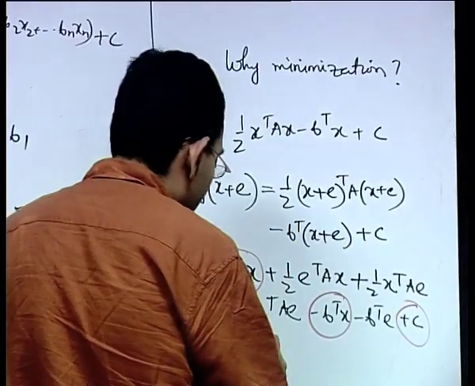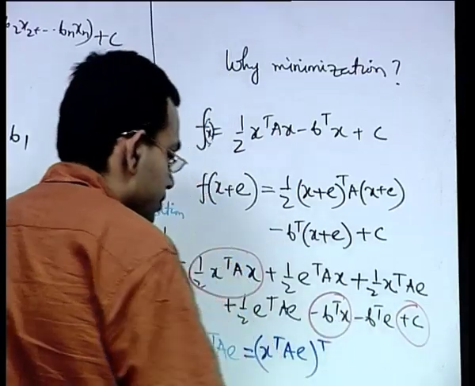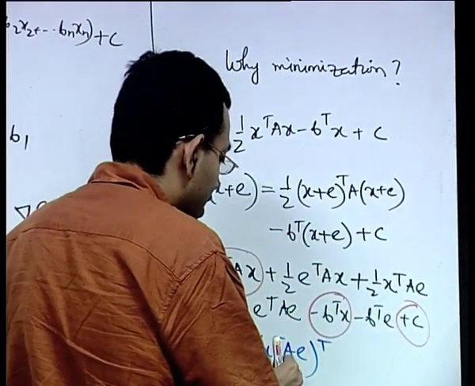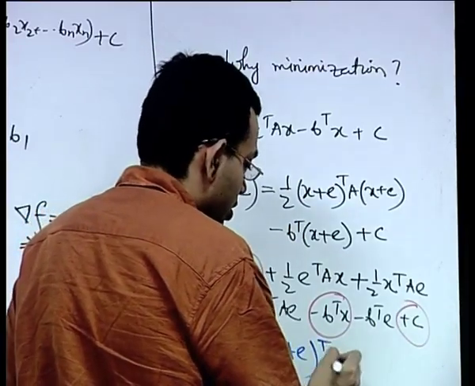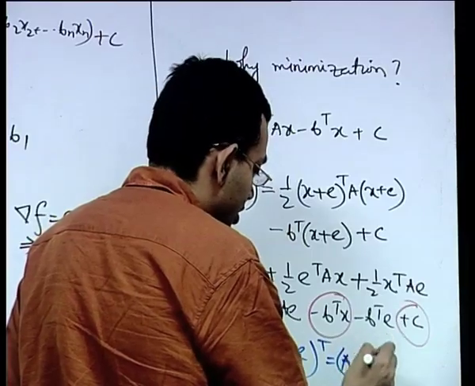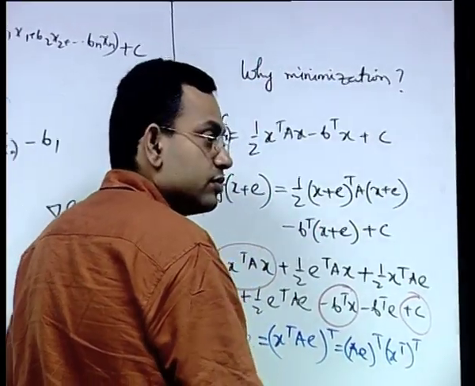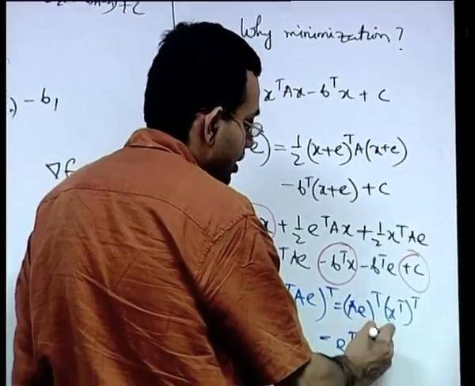So this is same as x transpose A E transpose. Transpose of a scalar is the scalar itself. Then you can use A into B transpose equal to B transpose into A transpose. So this will be A E transpose into x transpose transpose, which is equal to E transpose A transpose x.